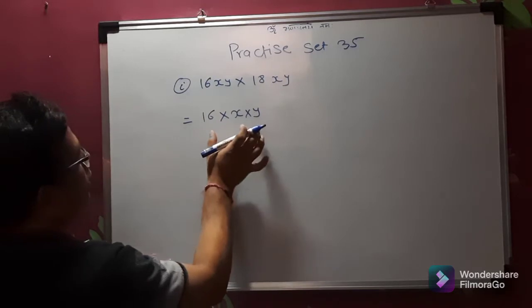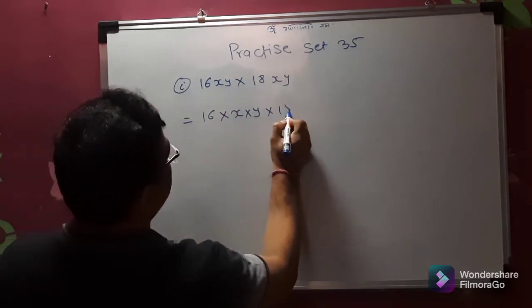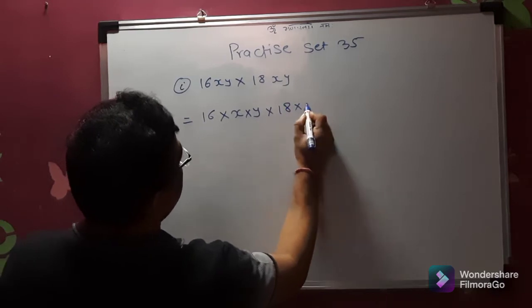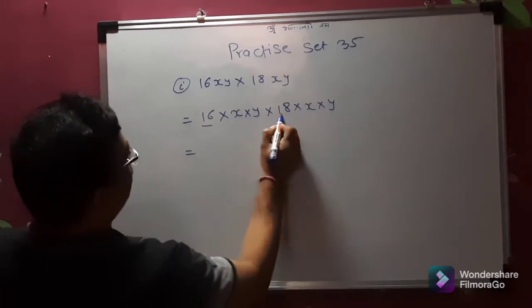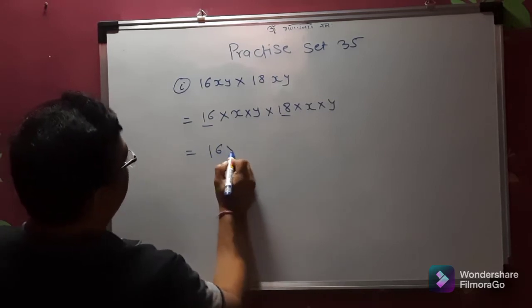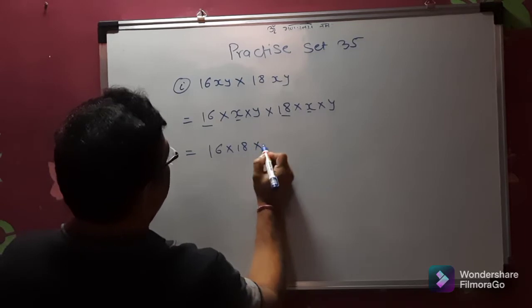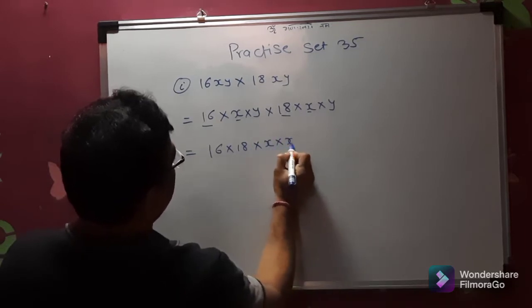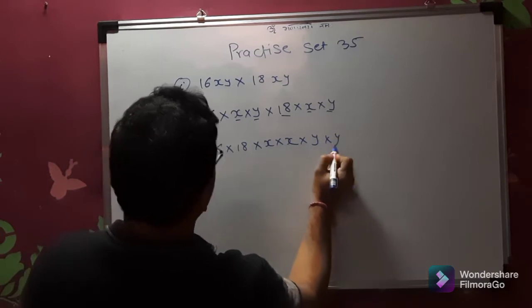We will write it in simplification form, into 18 into x into y. So we will keep the numbers at one side, 16 into 18. Then this x and x will come here, x into x. Then this y and y will come here, y into y.